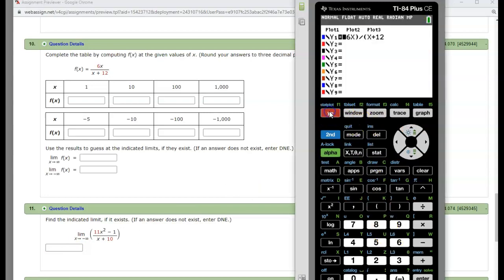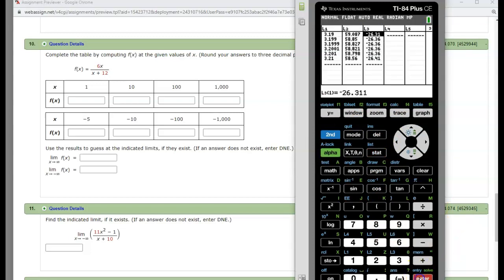Now, because I put this in y equals, if I use the stat menu, stat edit, I can clear out these lists by going to the tip top and hitting clear, enter. If you have other stuff in the list, clear, enter, clear, enter.